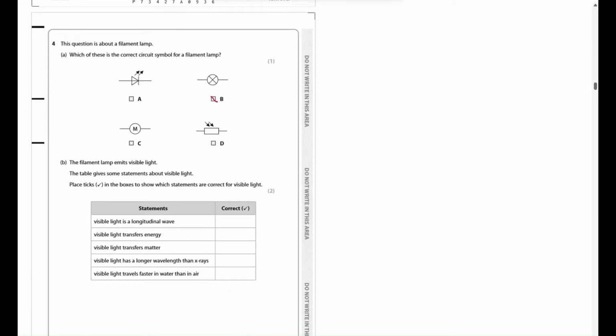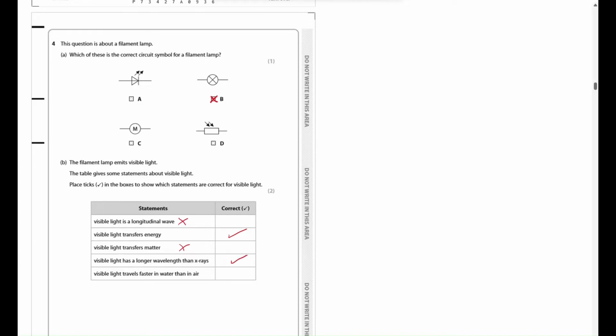Filament lamp. Learn these. It's this one, it's B. Visible light. So visible light is longitudinal? No, it's transverse. Yes, it does transfer energy. No, it doesn't transfer matter. The definition of a wave is it transfers energy but not matter. It's a longer wavelength than X-rays.